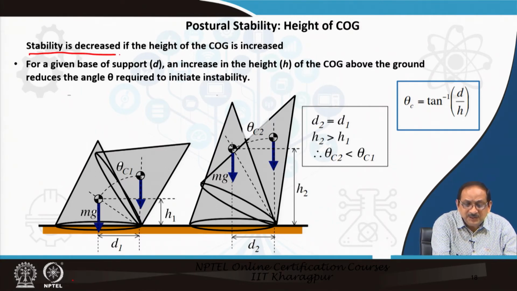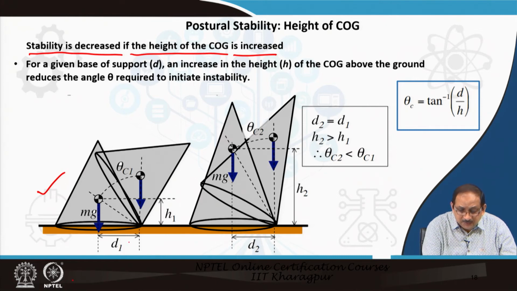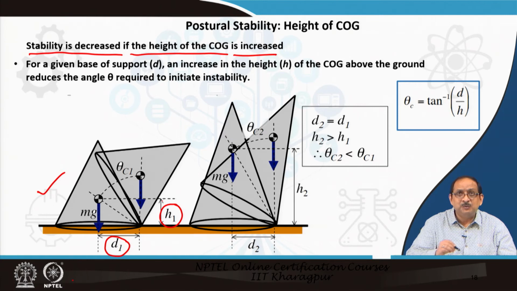Stability is decreased if the height of the COG, center of gravity, is increased. On the left, we consider a body with base of support D, in this case D1, and the height of the COG is H1 from the ground.